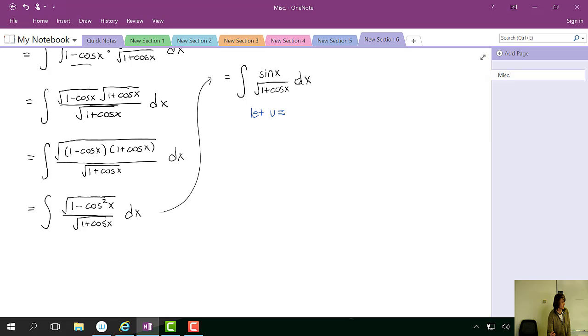So that means du will be negative sine of x dx. Or as it's rearranged, dx is du over negative sine of x. But regardless, we have sine of x over square root.